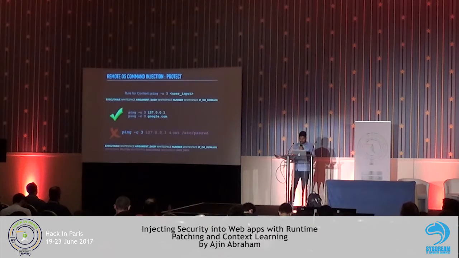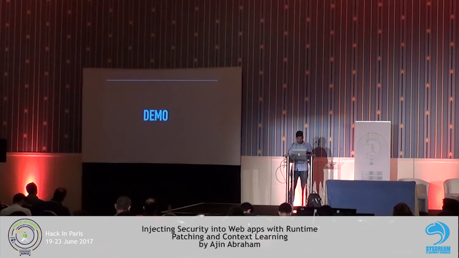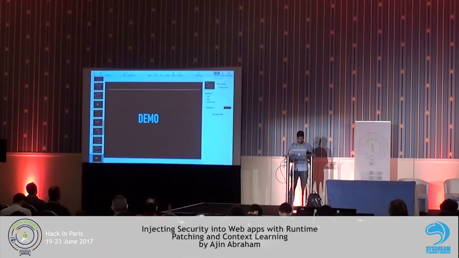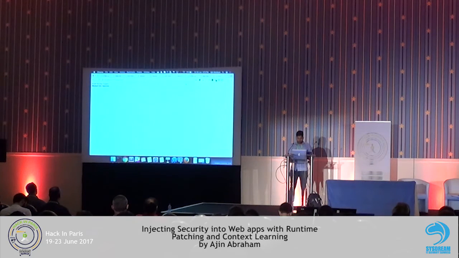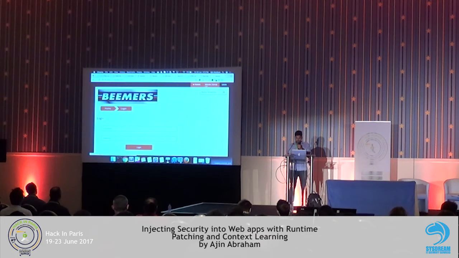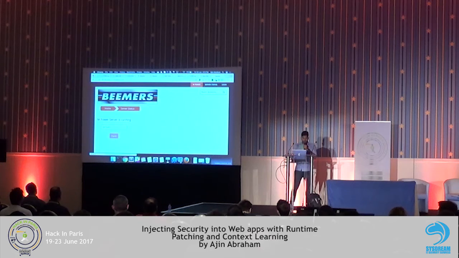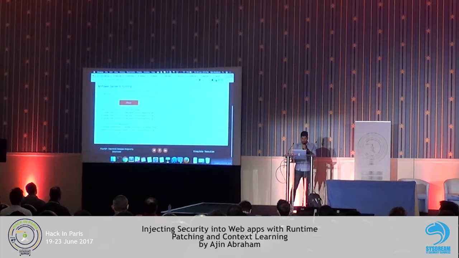Let's see a demo of that as well. So here I have the vulnerable application. There's an option to ping a particular server. So let's do that. Pinging fine. Let's try to execute some command.